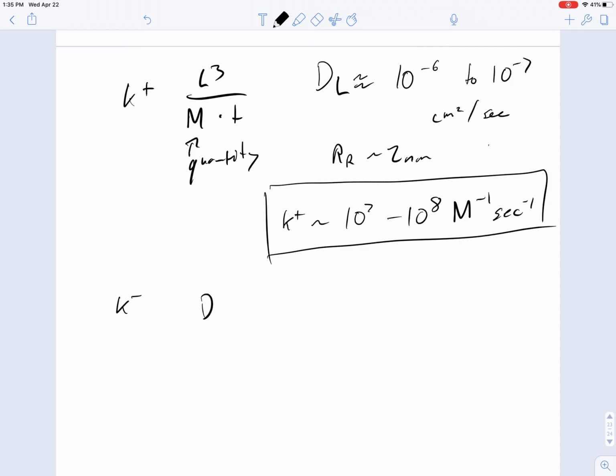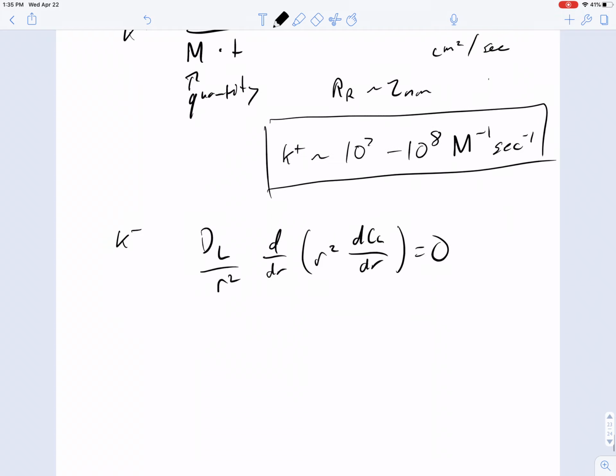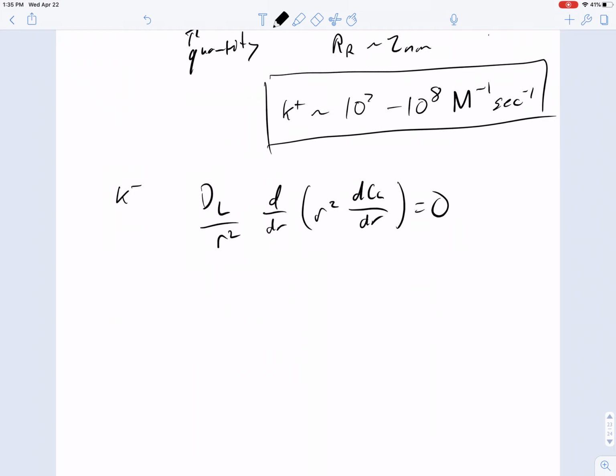This is a very simple situation. We start at the same place: 1 over r squared, d by dr of r squared dCl dr equals 0. The same equation applies, except that now this is the amount of unbound or free ligand leaving the receptor, so we're looking for the off rate, the reverse rate. As the distance tends to infinity, the concentration of released ligand goes to 0.